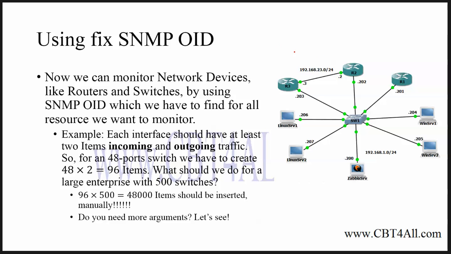At the moment, we can monitor R1 and different resources in R1. For example, if we want to monitor interface 1, we have to monitor two different items. One item for incoming traffic and at least one item for outgoing traffic. So if we have a switch, for example, with 48 ports, we have to monitor 96 different items.